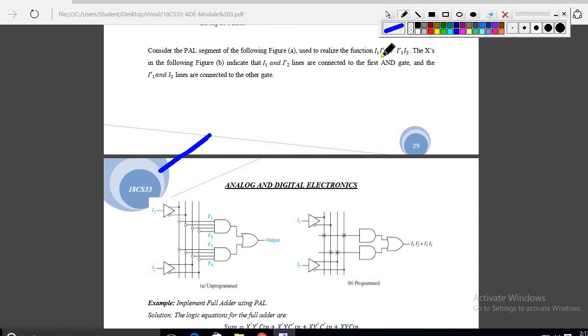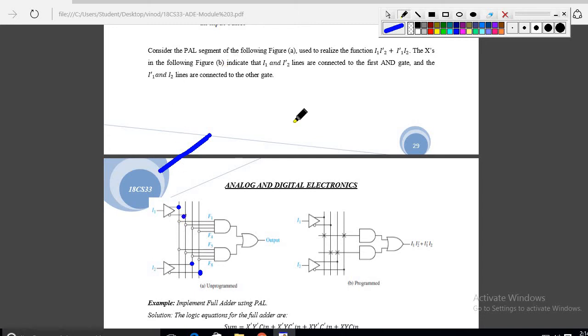Here it is I1 I2 bar, plus I1 bar into I2. That is why I am writing I1 into I2 bar plus I1 bar into I2.